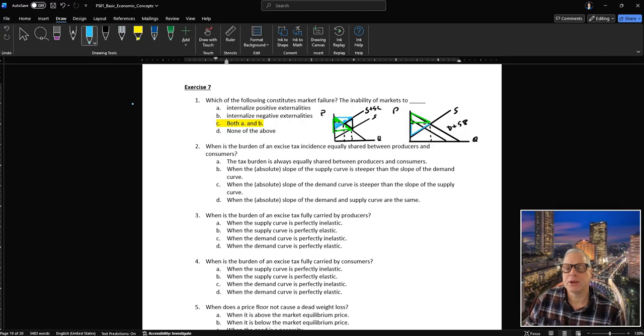But because the market doesn't take into account that social benefit, the market clears at a much lower price here and a much lower quantity. So in other words, we produce too little of a good thing. With the negative externality, we produce too much of a bad thing.